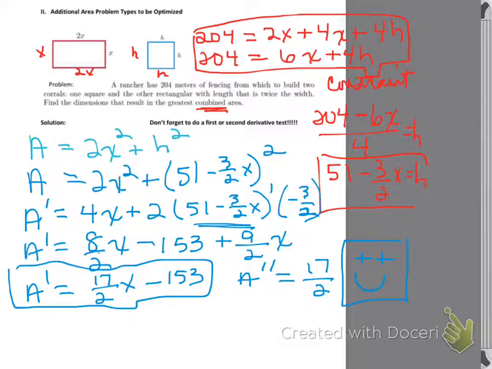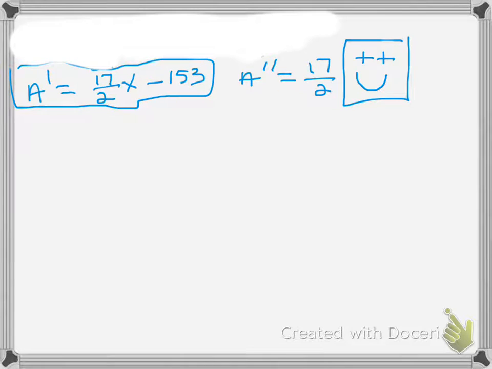All right, so let's just say we're going to continue down this road. So if I continue down this road, what I would do is I would solve for my A prime equals 0. So let's do that on the next page. Okay, so we're going to continue doing this just because I want to do some more investigating.